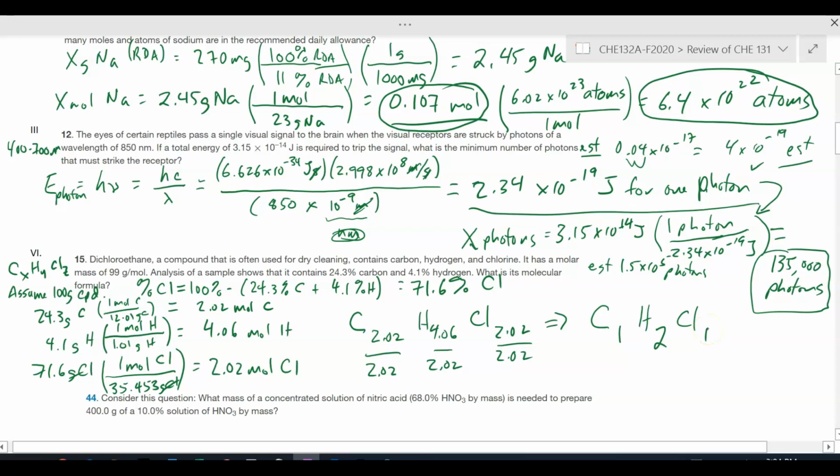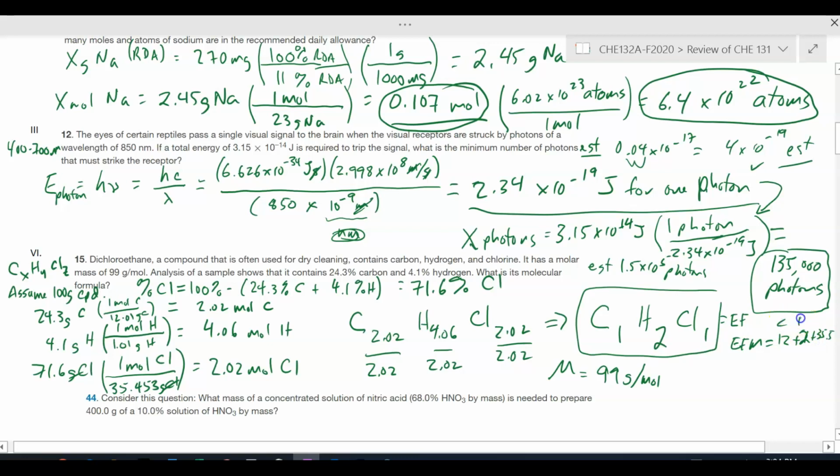Now, this would be what we call the empirical formula. We're told the molar mass is 99 grams per mole. The empirical formula mass, which is the molar mass of the empirical formula, is 12 plus 2 plus 35.5.